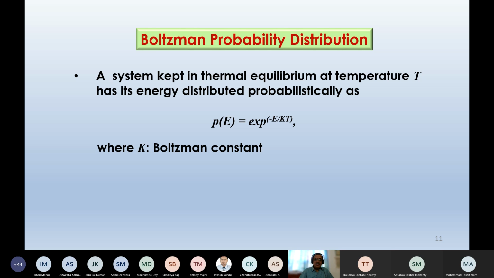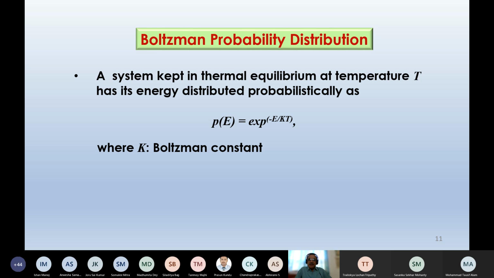What is E? E is nothing but the energy state. K is the Boltzmann constant, and capital T is nothing but the temperature in degrees Kelvin. I think all of you have studied the Boltzmann probability distribution in thermodynamics.